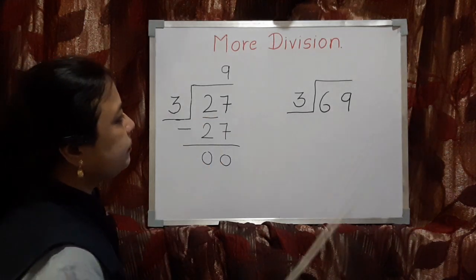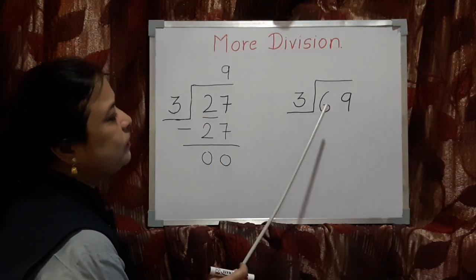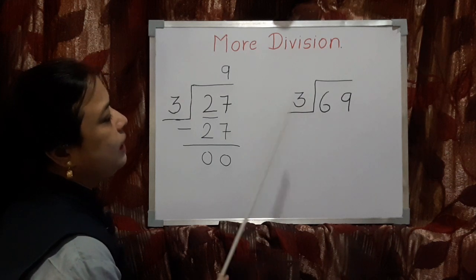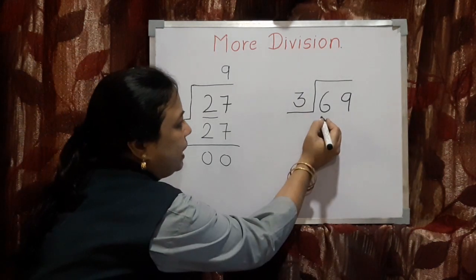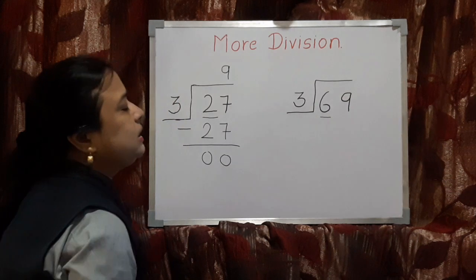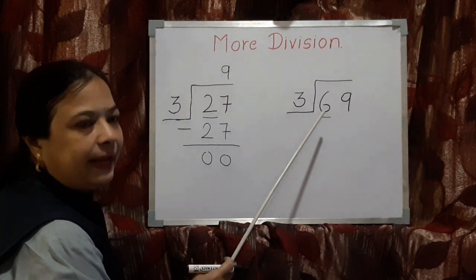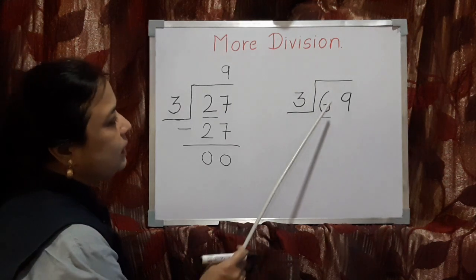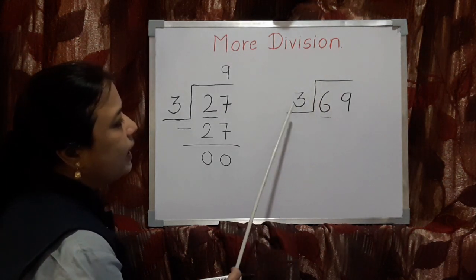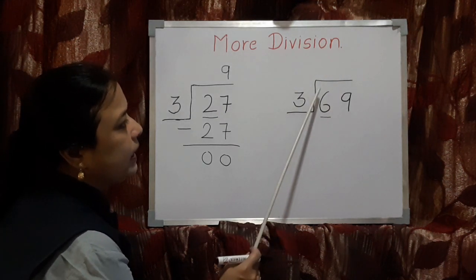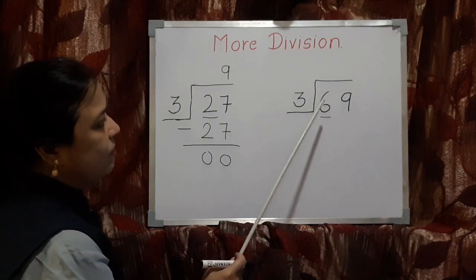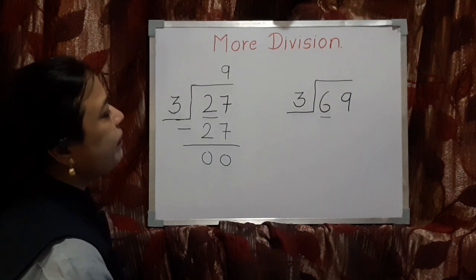But here, in this type of sum, 69 divided by 3, when we see the first number over here, this is more than 3. यहाँ का जो number अगर 3 से बड़ा है तो हम एक ही number पहले लेंगे in division sums. Okay?